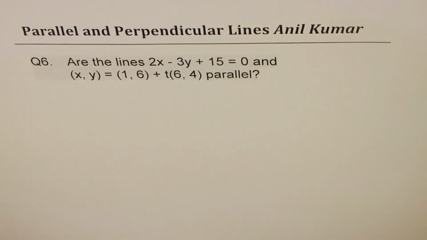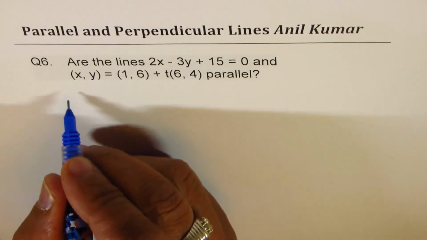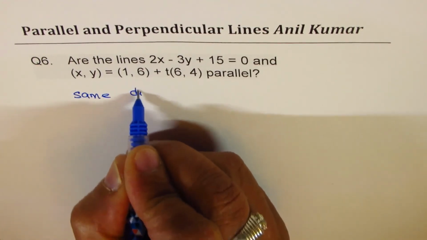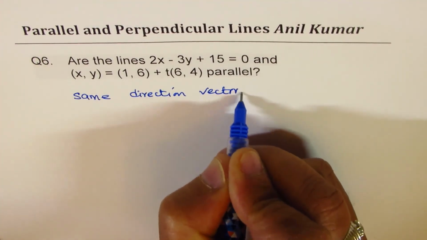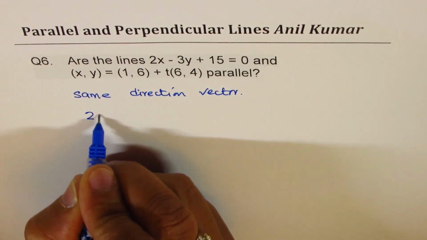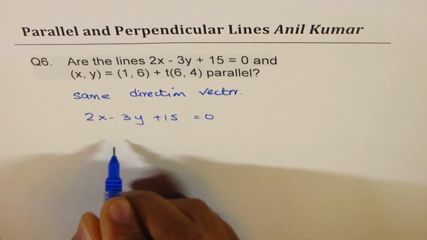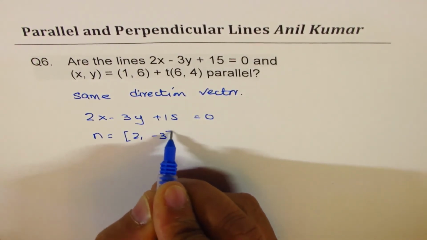You can always pause the video and answer the question. So, are they parallel? Parallel means same slope, same direction vector, right? So, for the line 2x minus 3y plus 15 equals 0, we know the normal is 2 and minus 3.